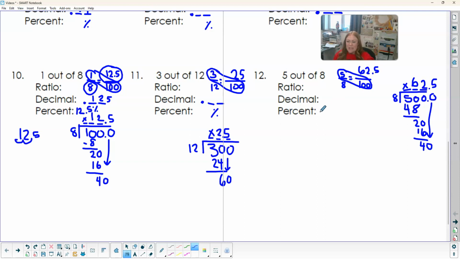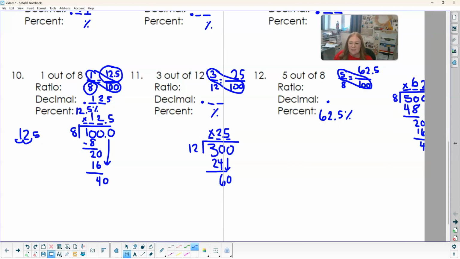So I'm going to go do the percent because that's the easy one. 62.5%. And now my decimal, right? If I'm just ignoring the decimal right now, if I'm just saying it's 62 out of 100, 62 hundredths, we move the decimal forward 2 places, 10, 100 times bigger.